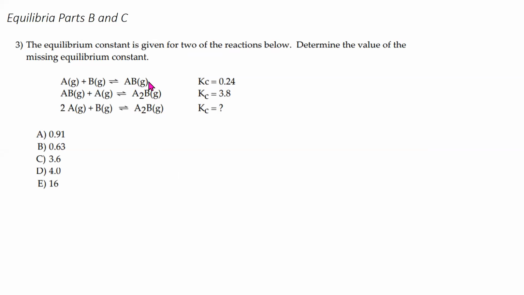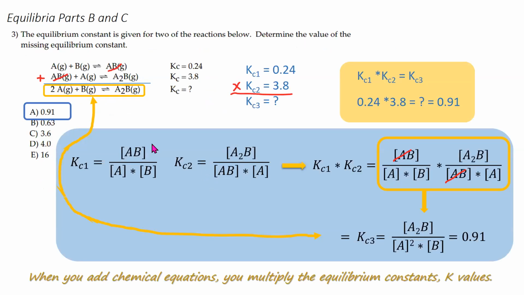Here we have another similar type of reaction. So we're given these 2 first reactions and their K values, and we're looking for the third K. So as I look at this, I notice that if I add the first 2 equations, I'll get the third equation.